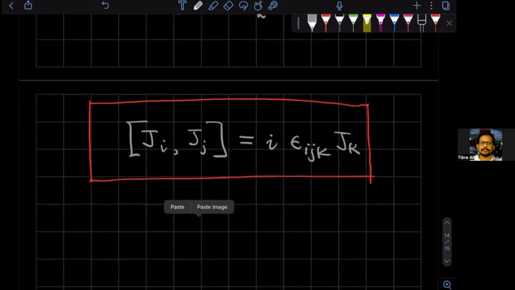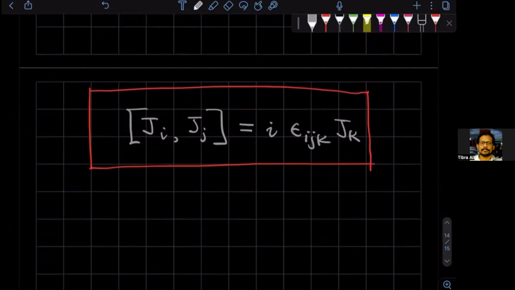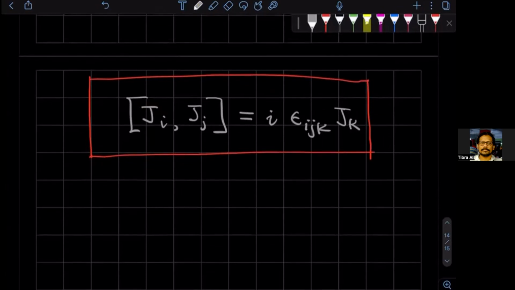Okay, so here, Einstein, there is a sum over K, although in this case there is no sum, because if you choose i and j to be different, because otherwise it's going to be 0, then the value of K is fixed to be 3.